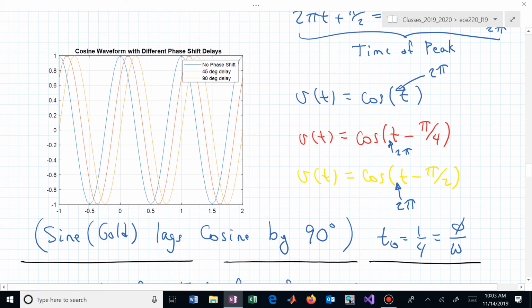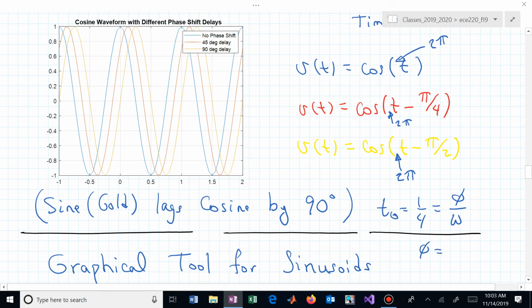And so phi becomes 1/4 of 2 pi, which is pi over 2. And that's the 90 degrees. So our delay in time is related to the phase shift.